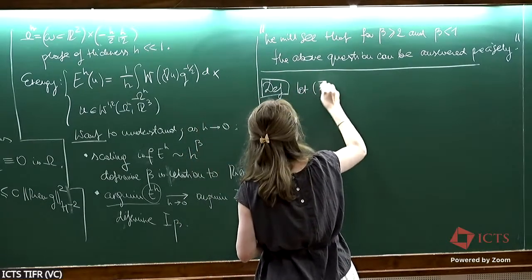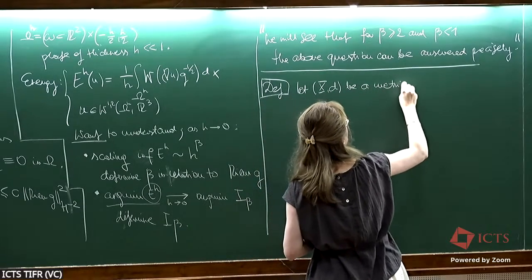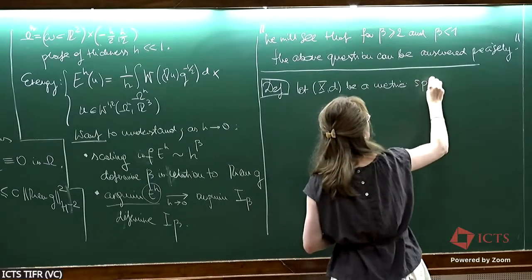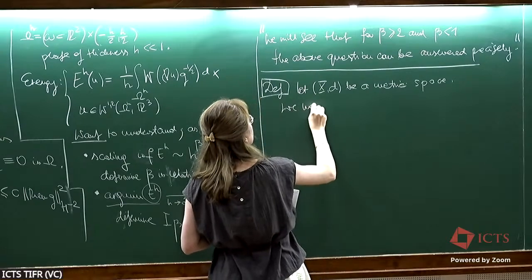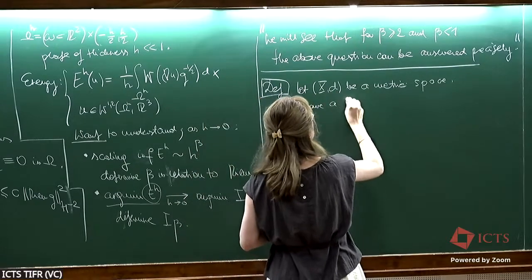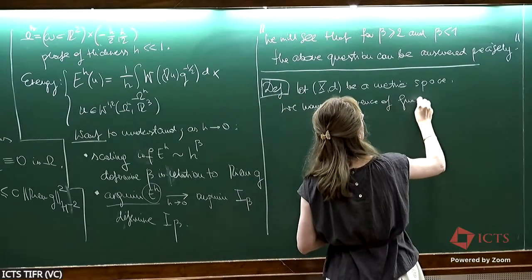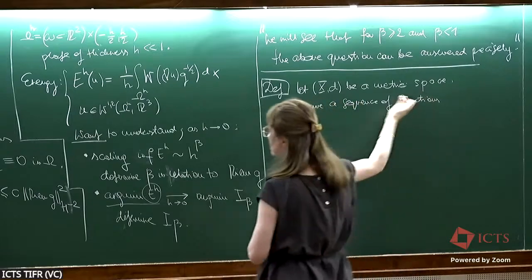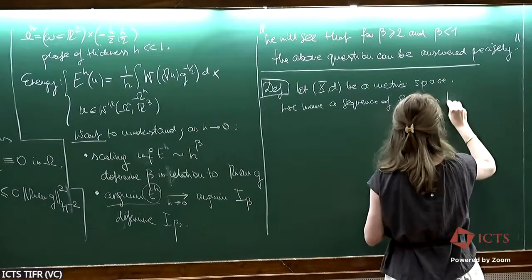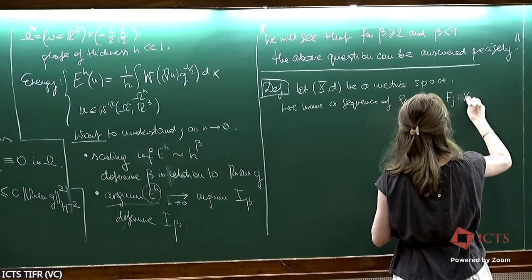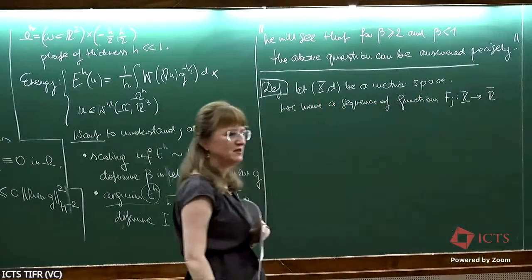So let (X, d) be a metric space. And we have a sequence of functionals, of functions, but those functions will be like our E_h's. F_j, which goes from X to R, possibly extended, plus infinity, minus infinity, okay?